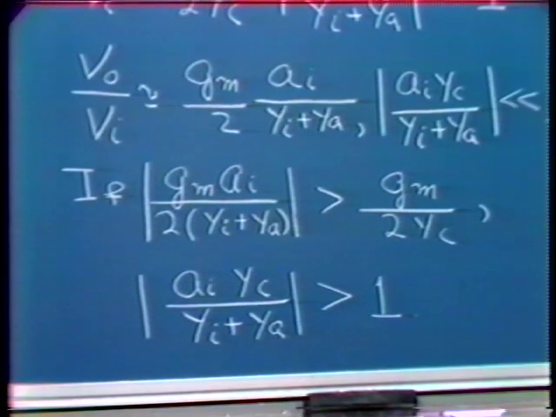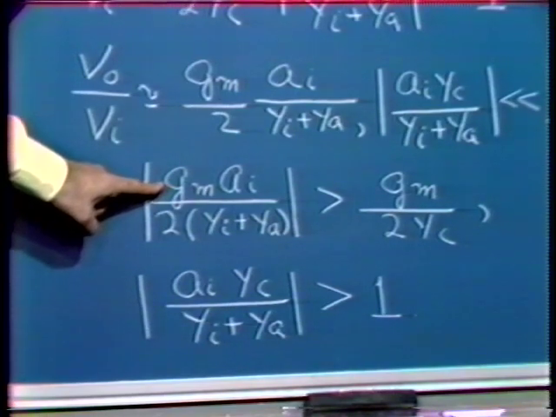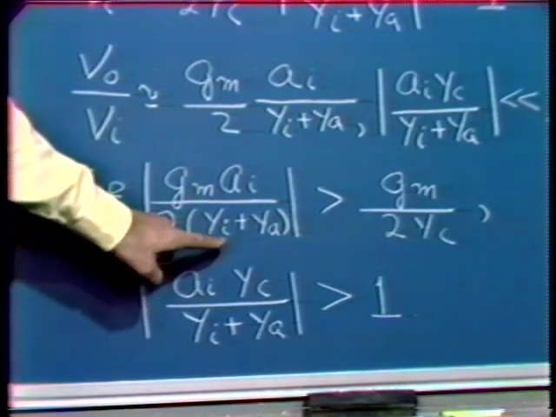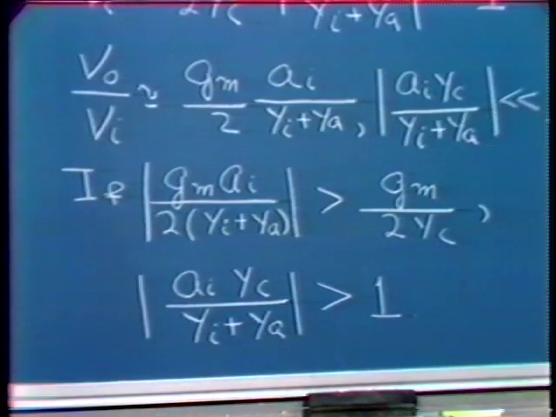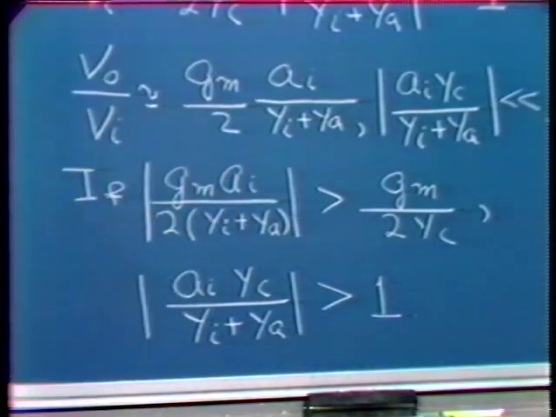And we similarly draw the open loop gain of the amplifier in the absence of minor loop feedback, but considering the loading associated with the two-port feedback network. That quantity is of course G sub M AI over 2 times YI plus YA.